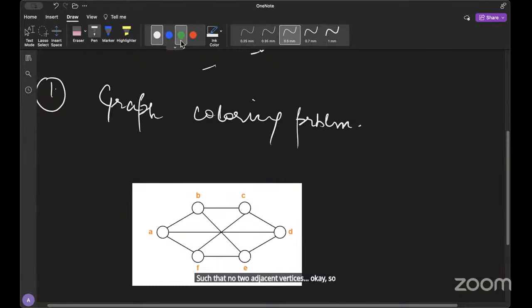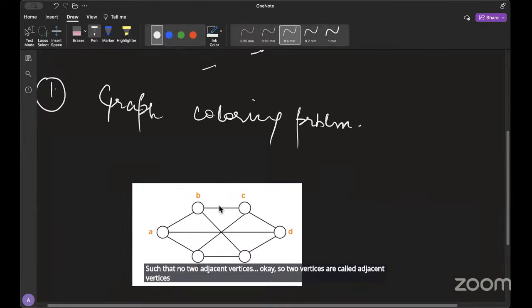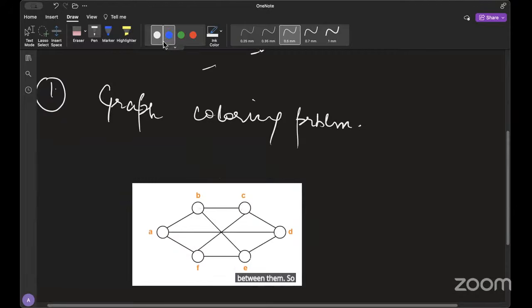Two vertices are called adjacent if they have an edge between them. So this vertex and this one are adjacent because they have an edge. These two are not adjacent because they don't have an edge. So our aim is to color vertices in such a way that no two vertices which share an edge have the same color.